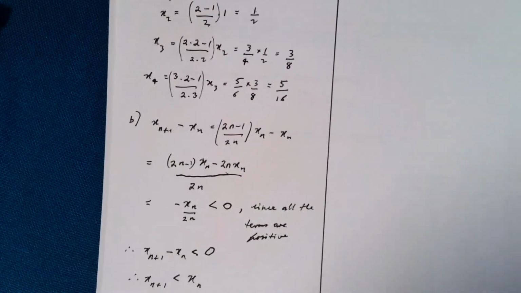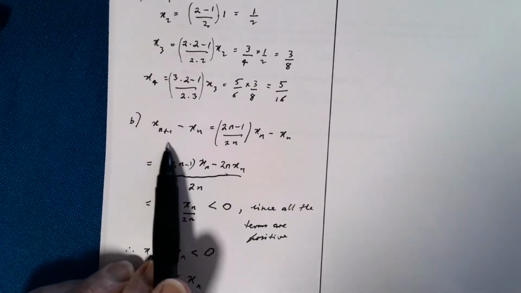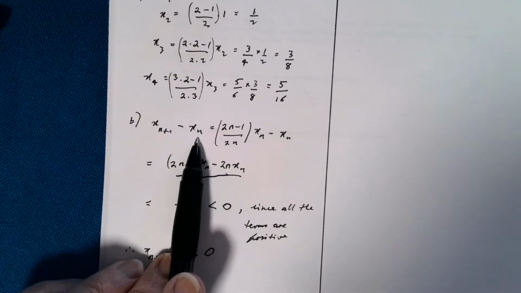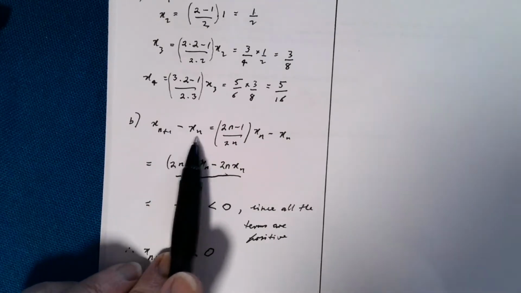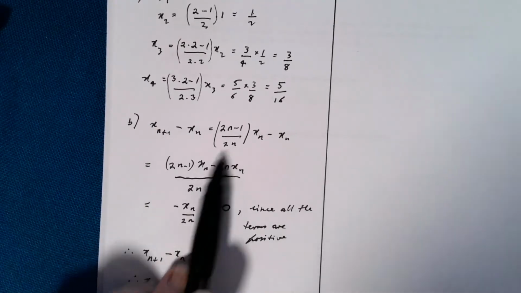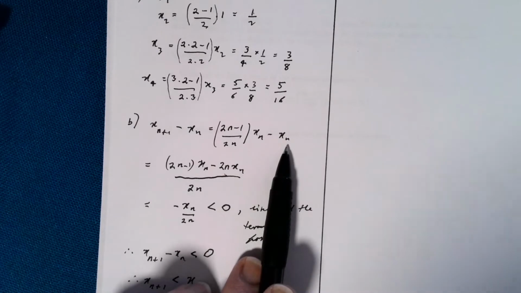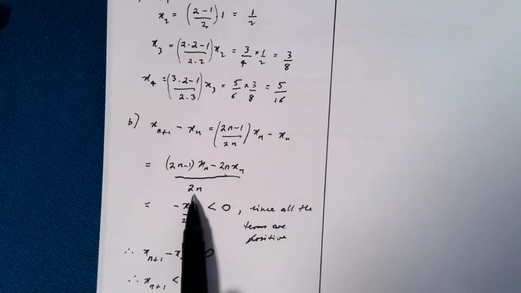The way we'll often do this is to look at the difference between each term minus the term before it. Now we've got a formula for x_{n+1}, which I just plug in, and then I've got minus x_n. Now we want to simplify this, so I'm going to put it over a common denominator of 2n.